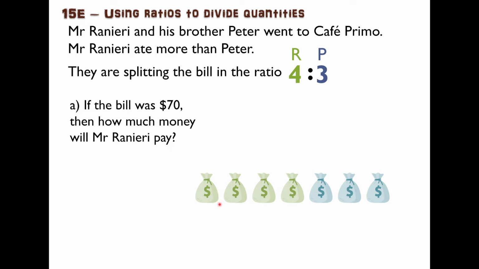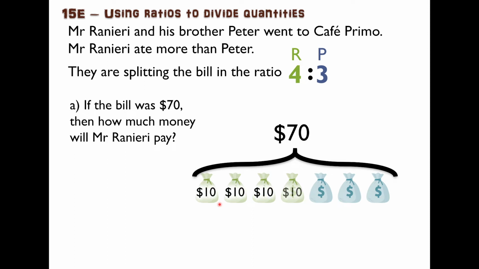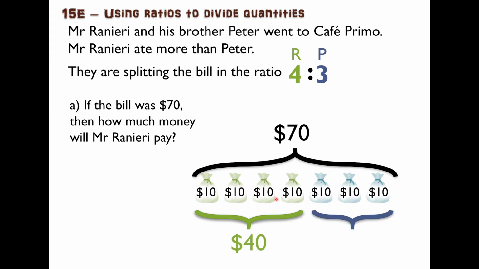How many bags? I'm going to divide it into 7 bags. So each bag has $10. Now, Mr. Aneri will pay 4 bags, which is $40, and Peter will pay 3 bags, which is $30.